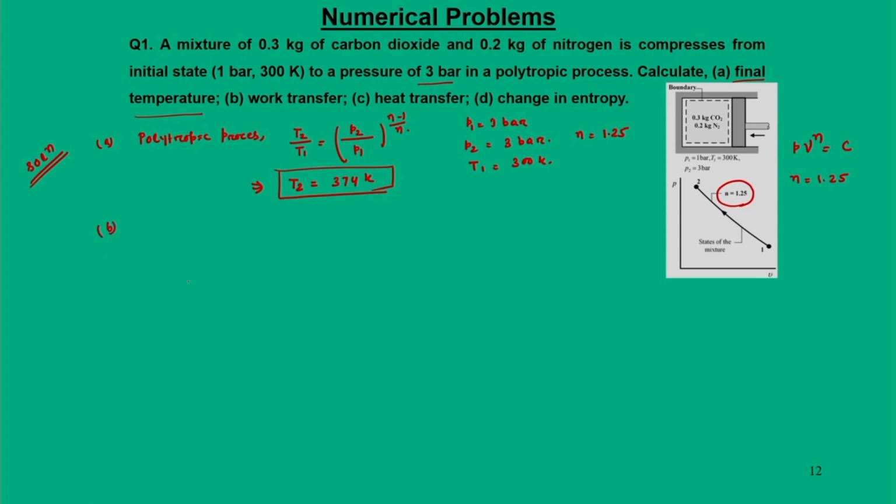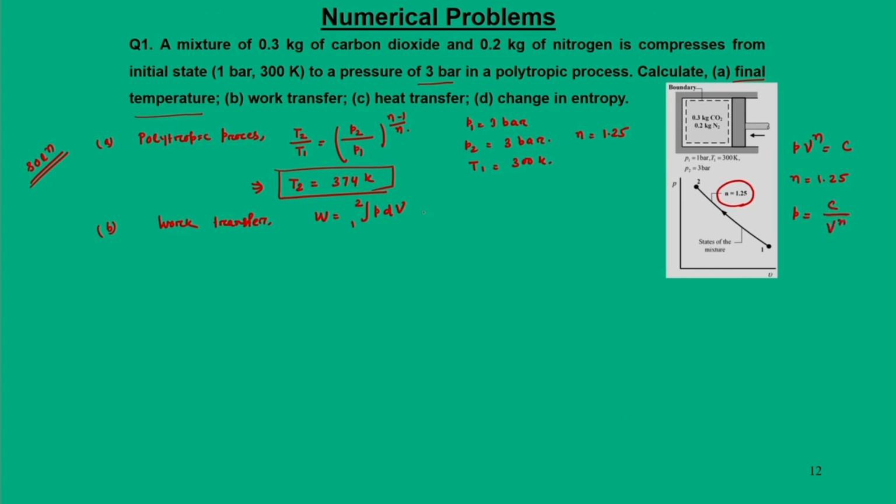Second part, we are going to evaluate the work transfer. Work transfer is normally given as integral of P dV from 1 to 2. You have the equation Pv to the power n is equal to constant, which implies P is equal to C divided by V to the power n.